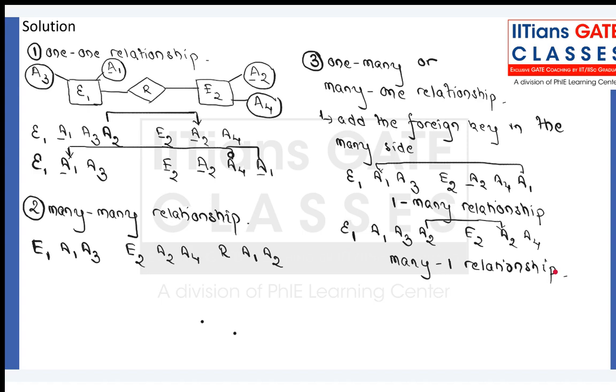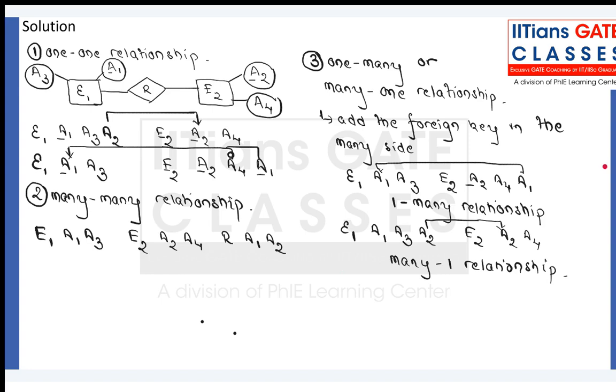Now the thing comes when there is a weak entity, right? And I don't have space for that. Let me create space. One second. Right, okay, so weak entity. Weak entity set meaning there must be a strong entity, which is the owner entity.